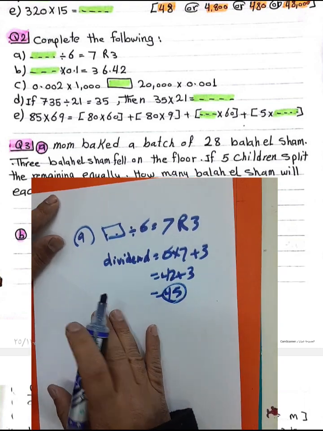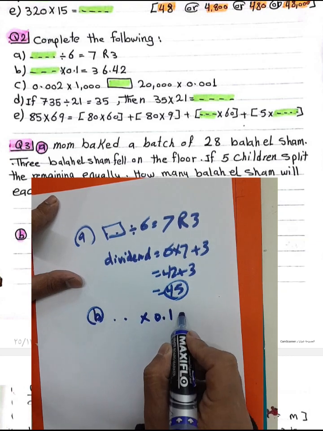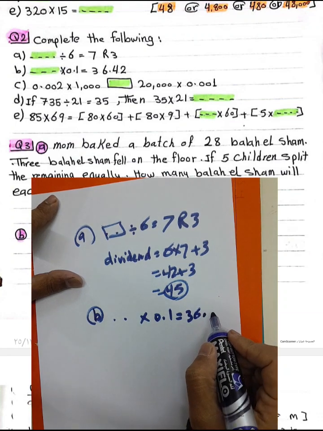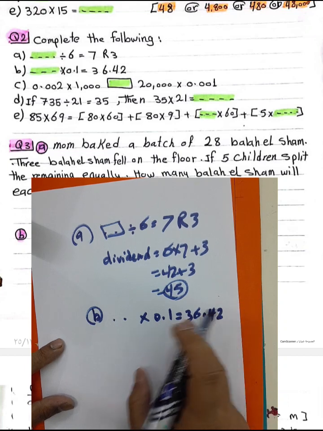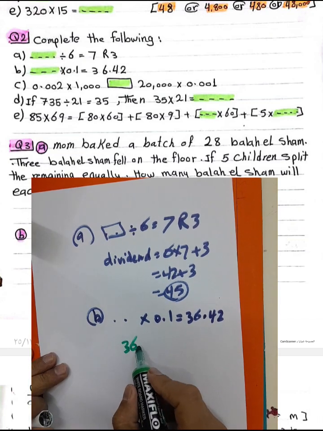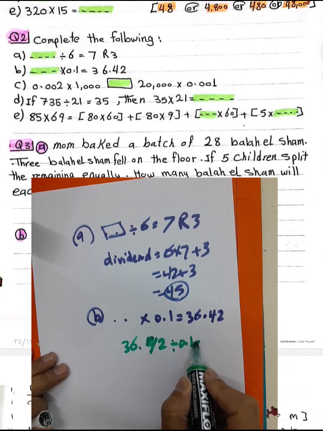Question letter B. Space multiplication by 1/10 equal 3,642. We can find this number by dividing the result by 0.1. We can divide the two numbers right here. 3,642 divided by 1/10.